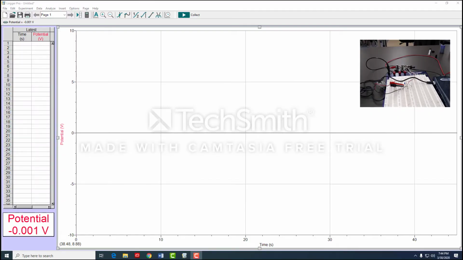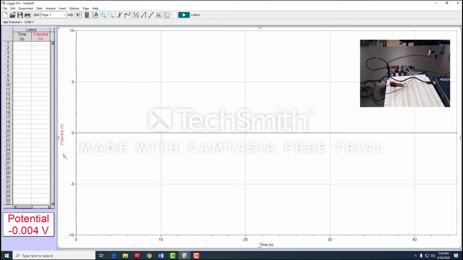Most of the rest of these videos are going to be you watching what happens when I flip the switch back and forth. So you're more interested in the graph at this point than you are in the circuit, because you've already seen the circuit. So I'll focus more on the application. I'm going to adjust this a little bit.